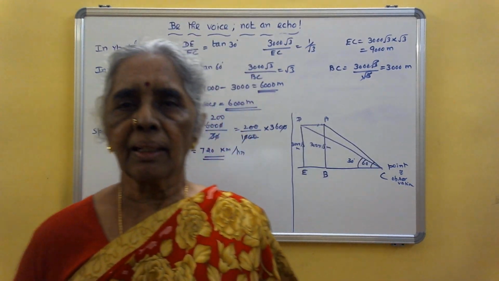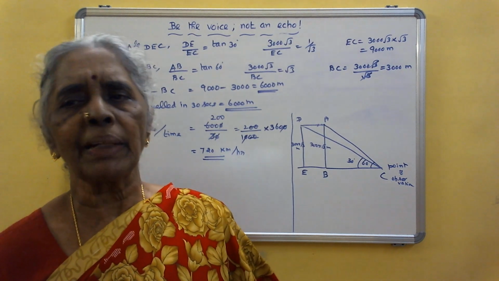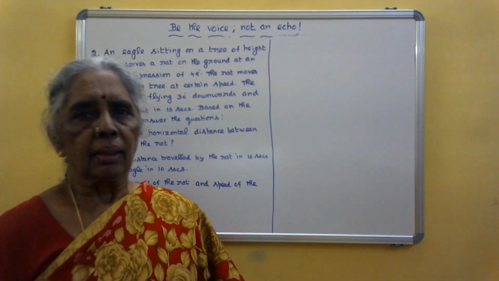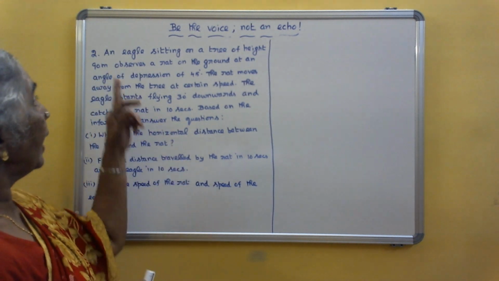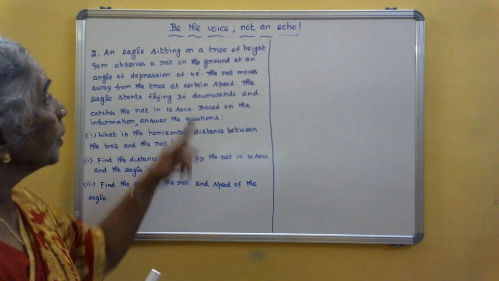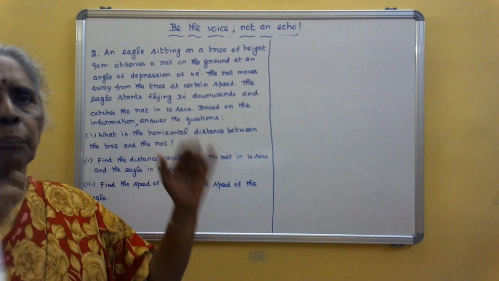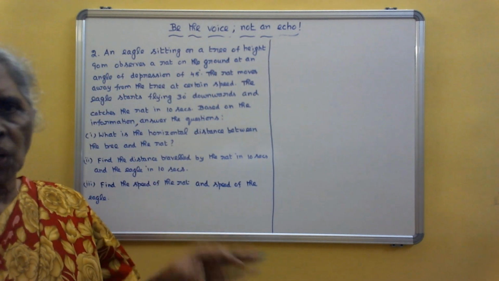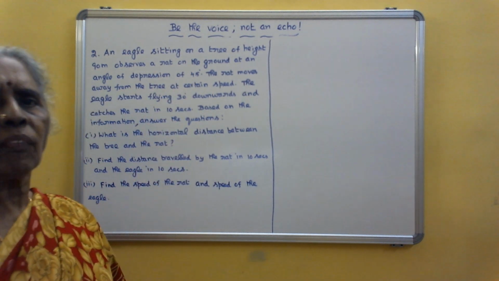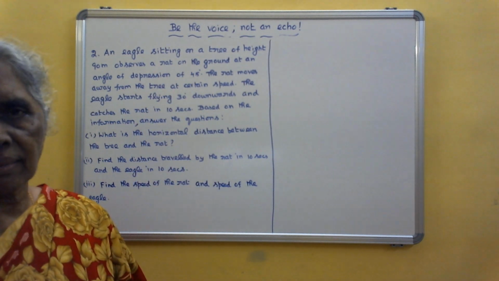Now let us see another sum which is a bit different from this. The second sum: an eagle sitting on a tree of height 90 meters observes a rat on the ground at an angle of depression of 45 degrees.